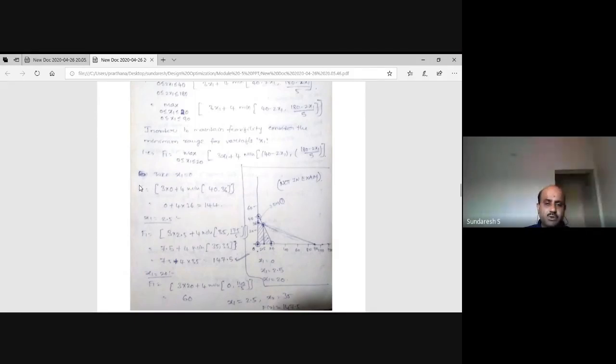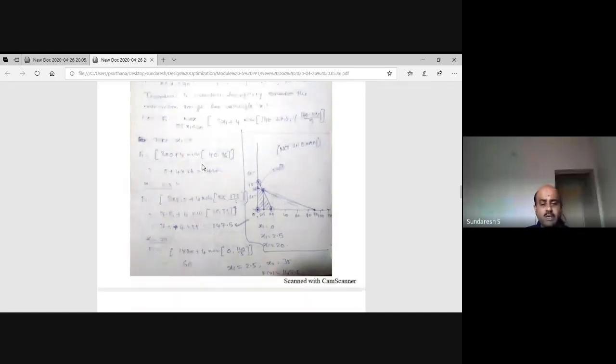You are supposed to get the maximum value of f1, which you check by trial and error, substituting values from x1 equal to 0 up to x1 less than or equal to 20.